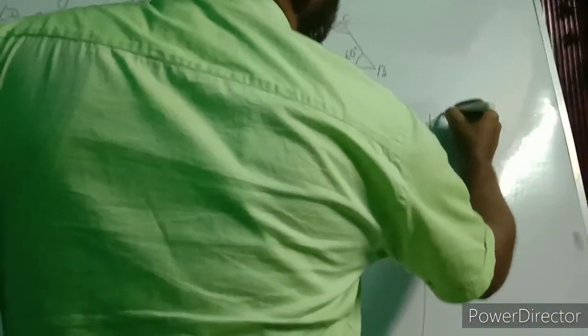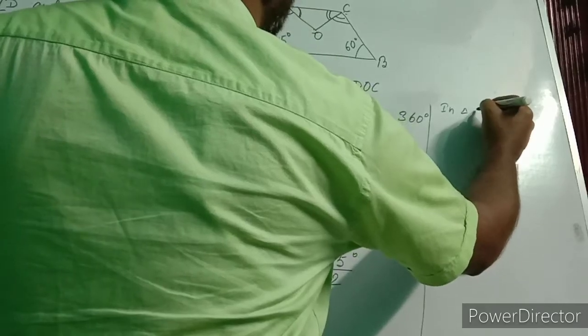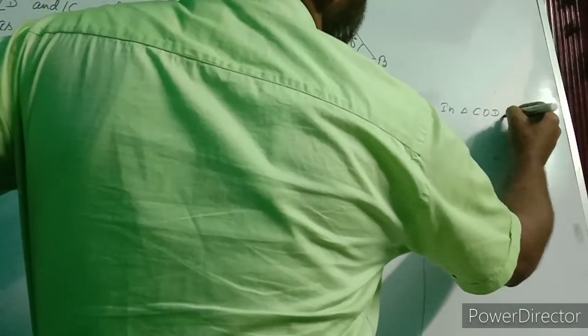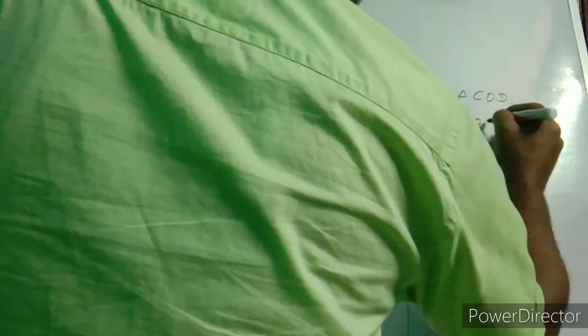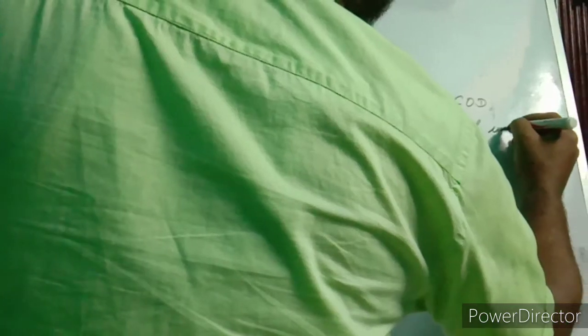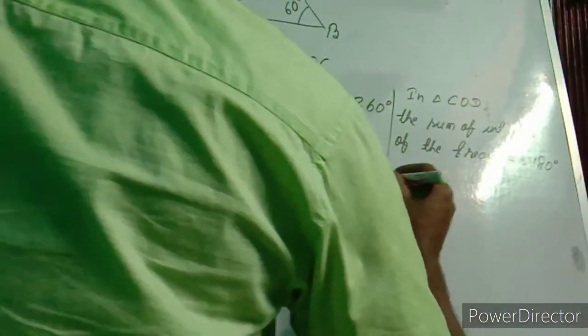Now in triangle COD we know the sum of interior angles of the triangle equal to 180 degree.